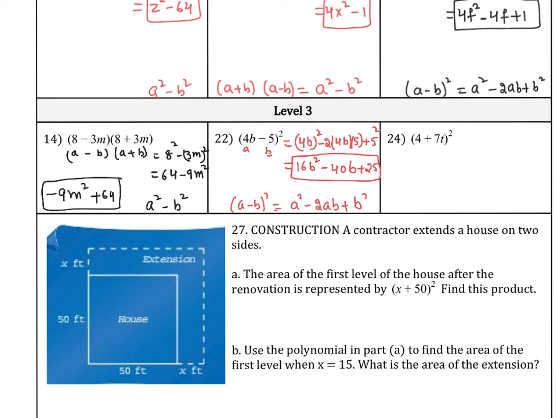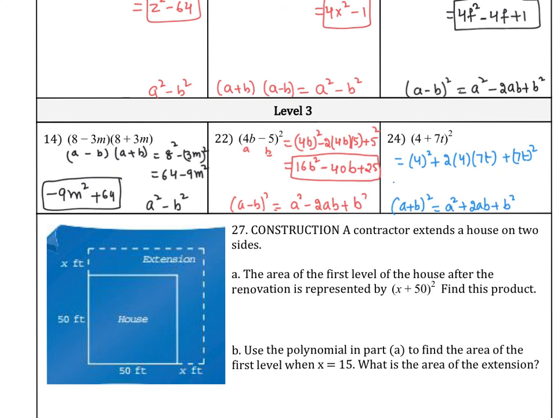Next you have a formula for (a + b)². So that's going to be a² + 2ab + b², where a is 2a, b is 7t, plus b², that is (7t)². And you're going to write this in standard form.